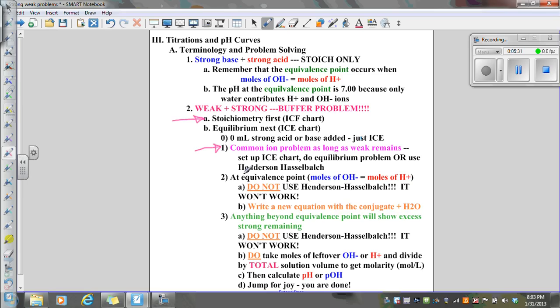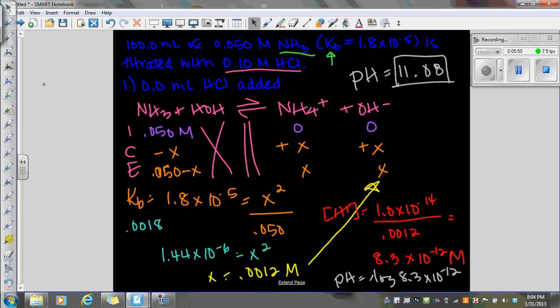So we're setting up an ICE chart, and we can do an equilibrium problem or use Henderson-Hasselbalch. Now this is because we can do this before the equivalence point. And that's where we're going to be. So let's go back to this problem.